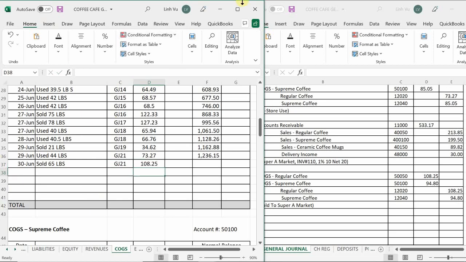So what's my ending balance here? 1344.40. Good.